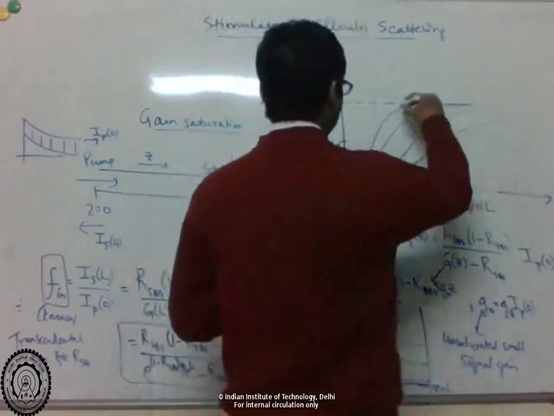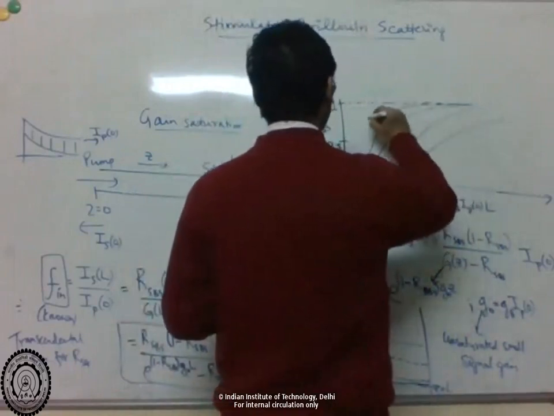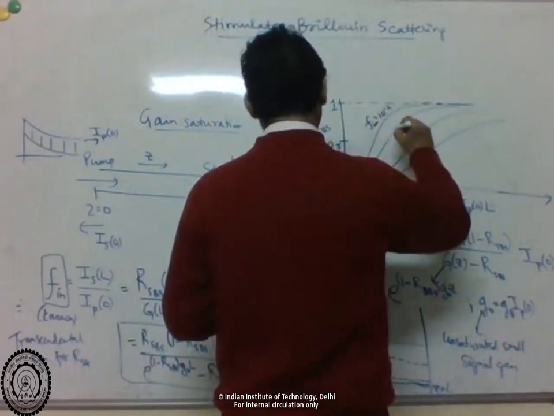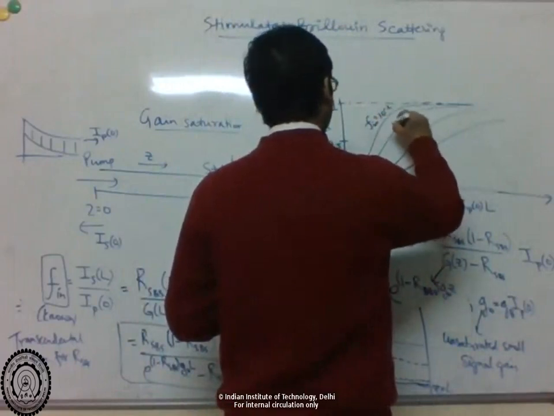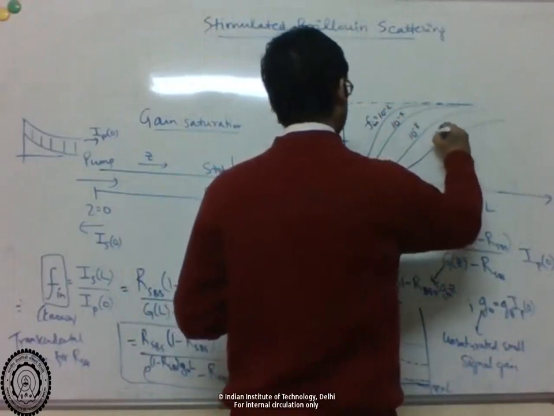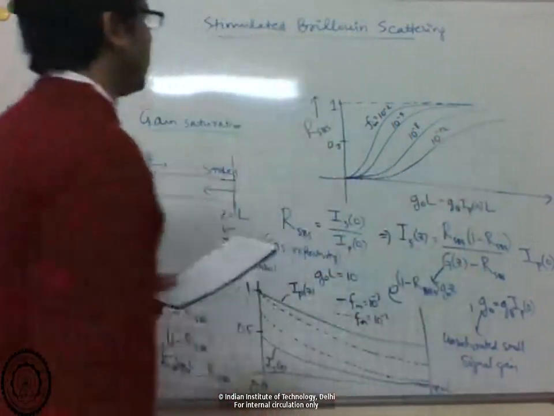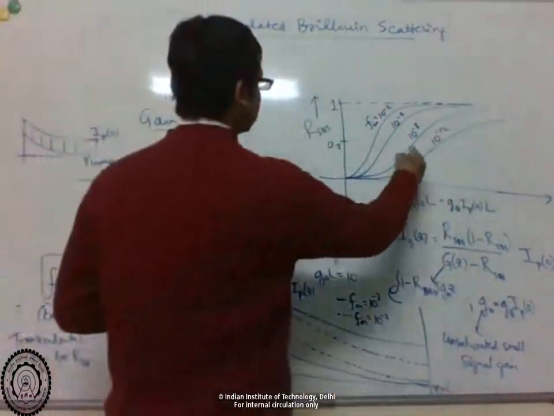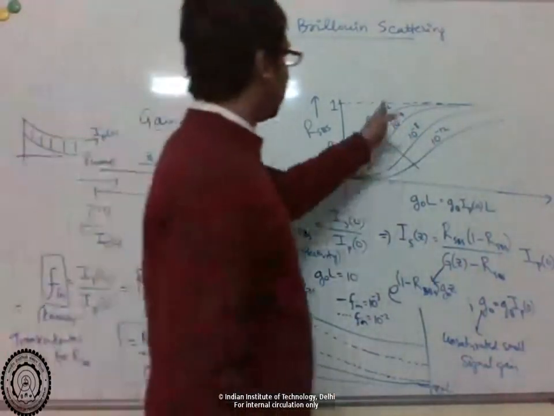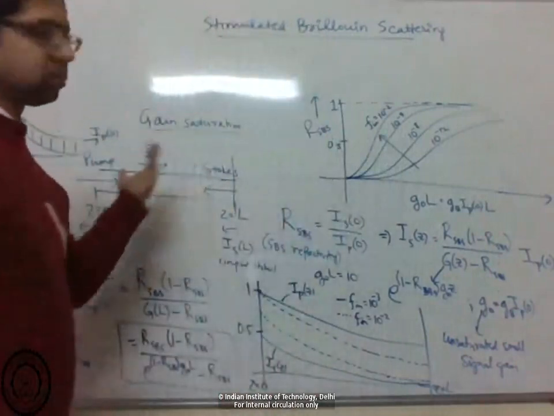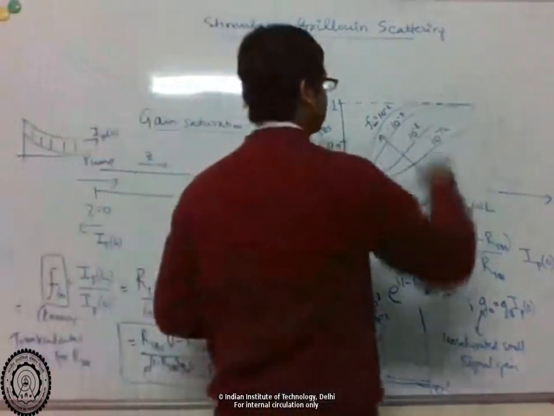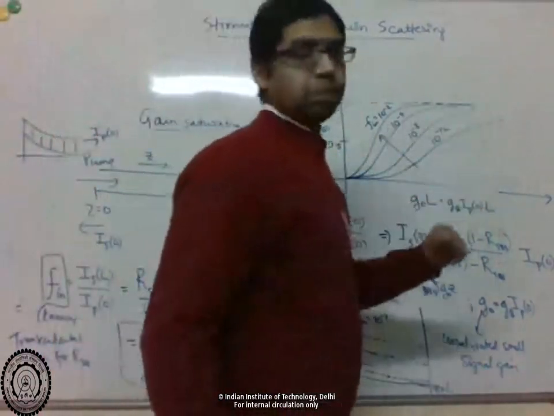So this is F_in 10 to the minus 2, this is 10 to the minus 4, 10 to the minus 8, 10 to the minus 12. As you increase input Stokes power, you get higher reflectivity, of course, because you're starting with more Stokes power. But eventually everything saturates as you keep increasing pump power.